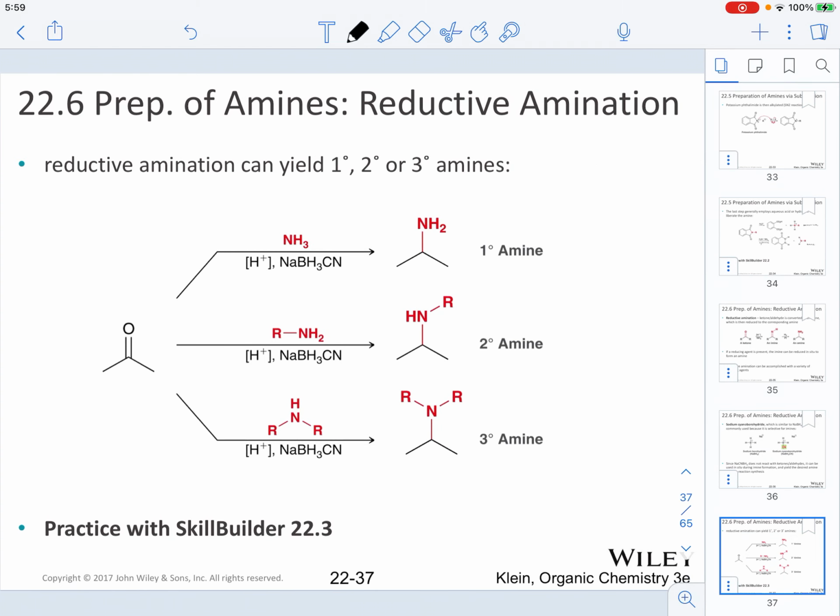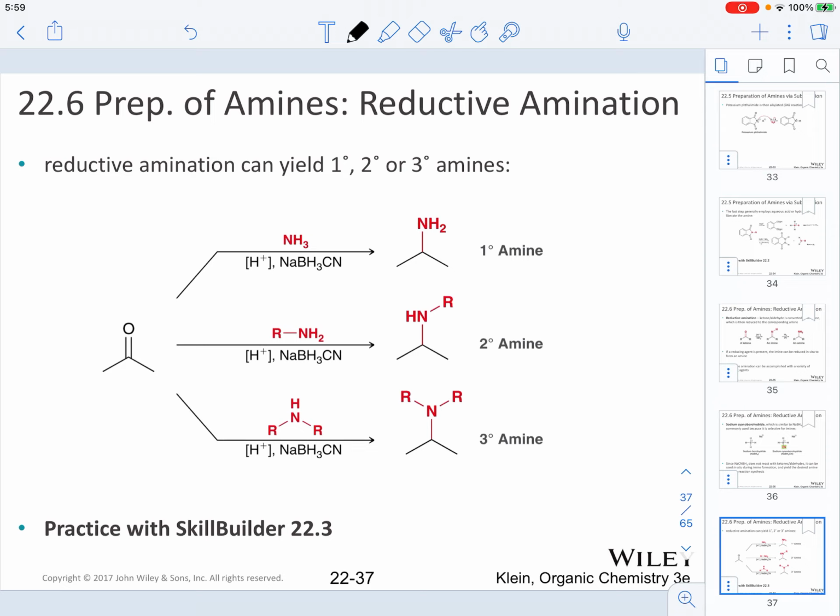Through reductive amination, you can yield primary, secondary, and tertiary amines. As you can see from the reactions summarized here, let's say we start with a particular ketone. The distinction between primary, secondary, and tertiary amine depends on the nitrogen atom that is going to form that imine.